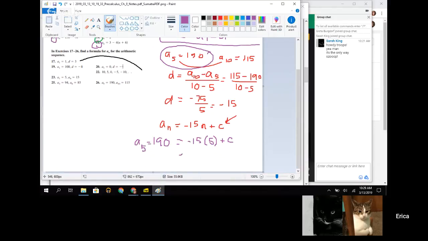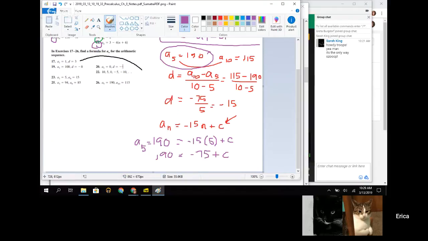Negative 15 times 5 is negative 75. Okay, negative 75 plus c.